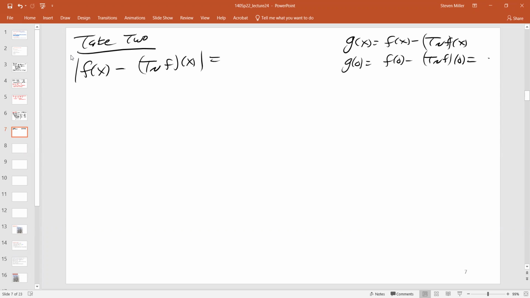So notice this is the same as g of x minus g of 0. Most great math proofs involve multiplying by 1 at some point or adding 0. We just added 0.